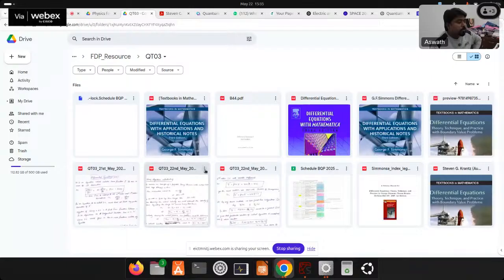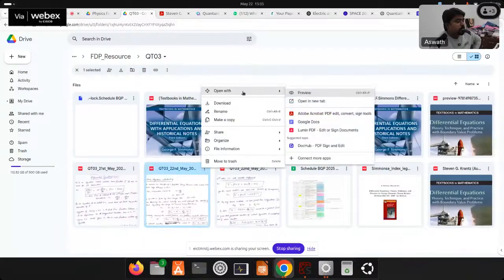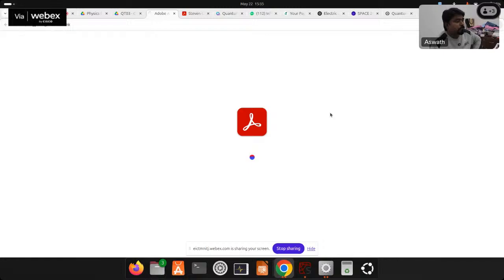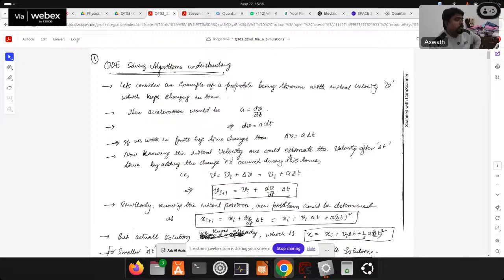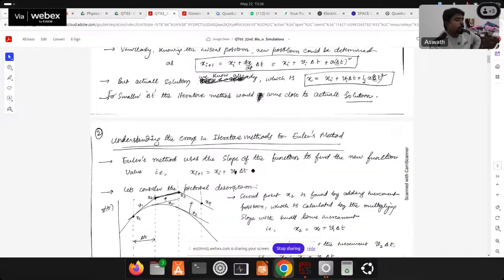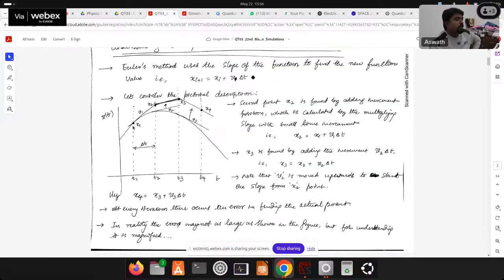So for numerical integration, I have added this entire detail of numerical integration. You see here, this is the actual curve. If I do the Euler method, I'm deviating away. If I use the Cramer correction, I will come very close. If I use RK2, I'll come very, very close. If I do RK4, I'll get it exactly.